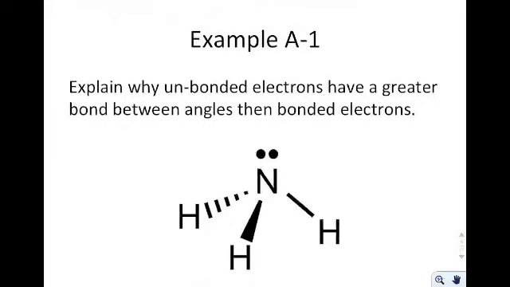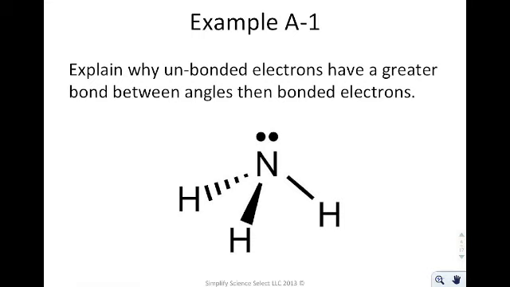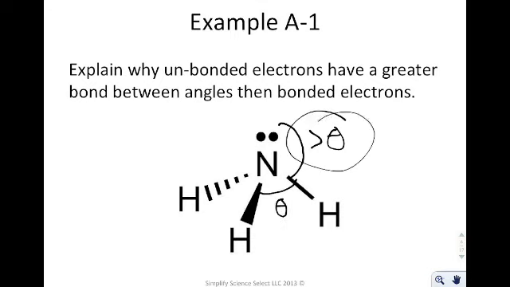Now, example A1 says, explain why unbonded electrons have a greater bond angle than bonded electrons. So what it's saying is, this right here has a greater bond angle than this right here. Okay, why is this greater? If you think about it in terms of Coulomb's law, you have these electrons that want to get as far away from each other as possible.